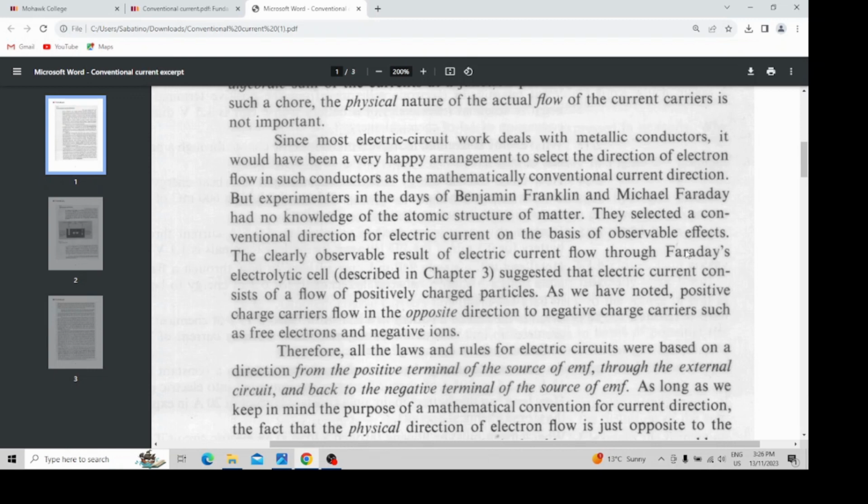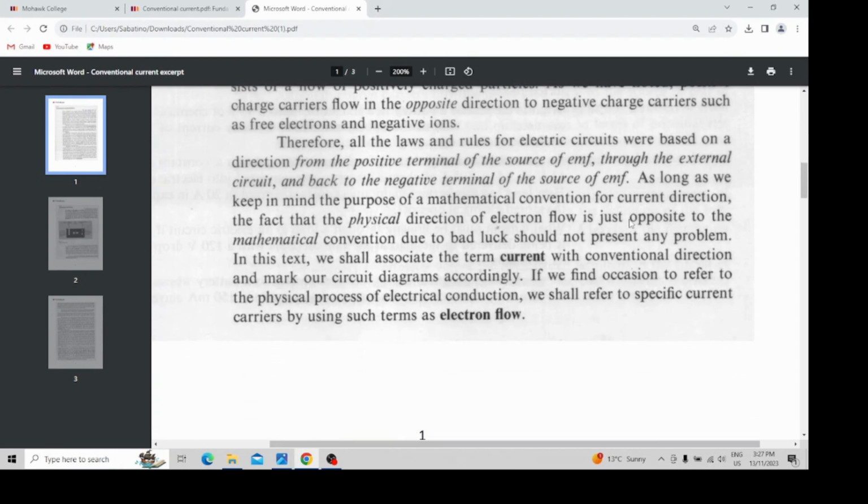So which way is this charge going? Based on his observations, he chose that a charge was leaving the positive side of the battery, which at that time they called a pile, and going into the negative side. This is now called convention.